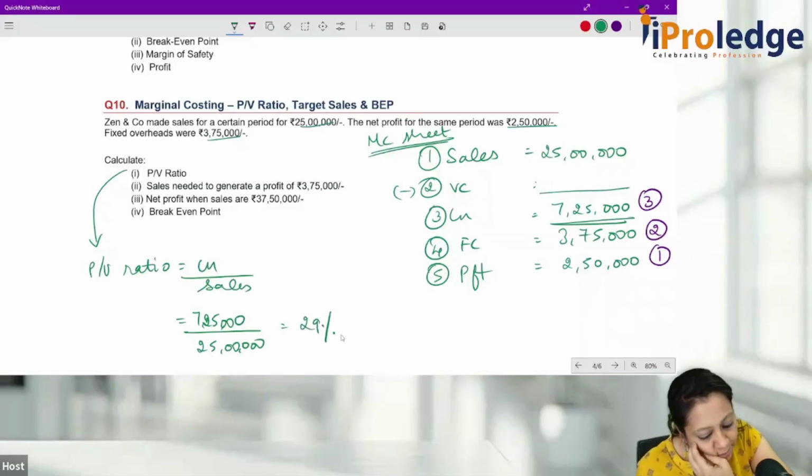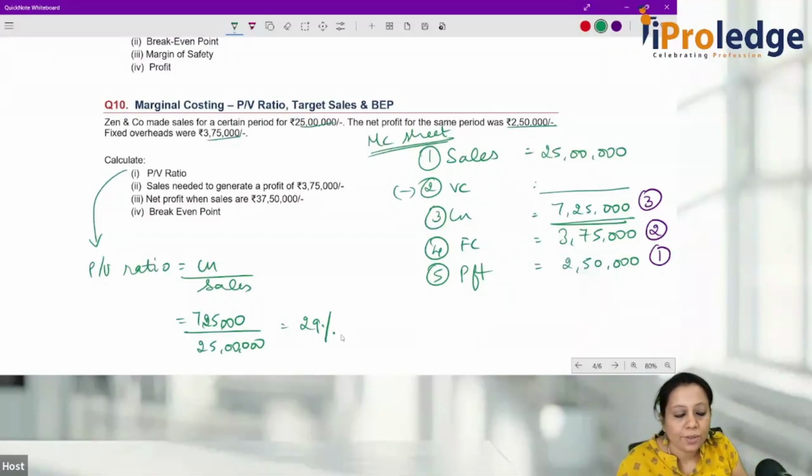Please do it, students. Quick, then we need to go to the next one also. 6,25,000 divided by 25 lakhs.